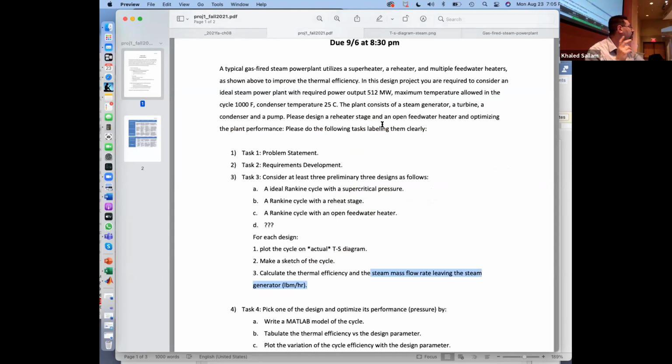As a matter of fact, in most design projects, especially the capstone, there are a lot of things that are not given by the customer. And that's what makes a design project harder than a homework problem. Because you have to fill in, and sometimes you don't know what the number is, and you have to find that somewhere else. The customer doesn't know. The problem statement didn't say how wet it is safe to run the turbine. What is the minimum quality?